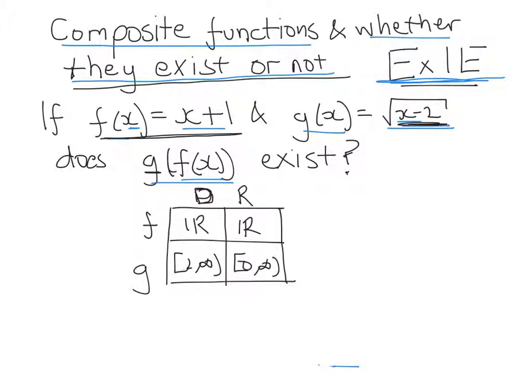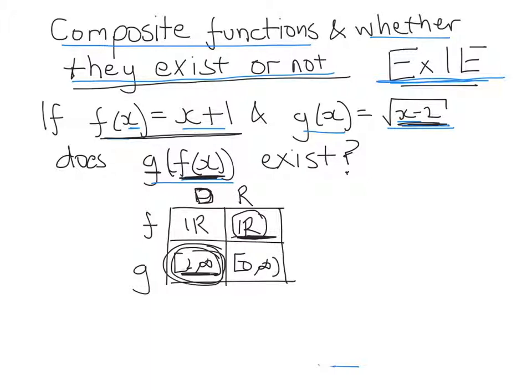Now, what we've got to ask ourselves is if this goes into this. So anything from the inside function, if this goes into g, it must be able to produce a real value. Do you remember before when we put in negative 7 and nothing came out? Well, it means that this part here must be a subset of this here. Now if you look at it, this is bigger than this.